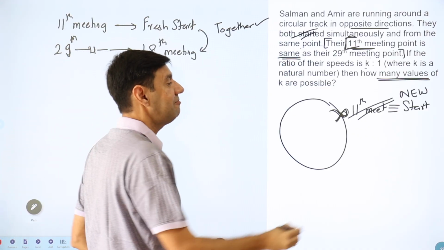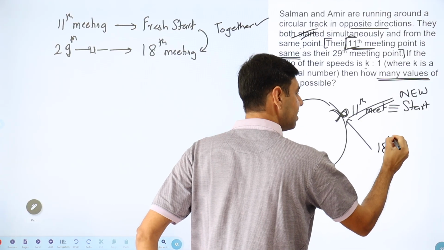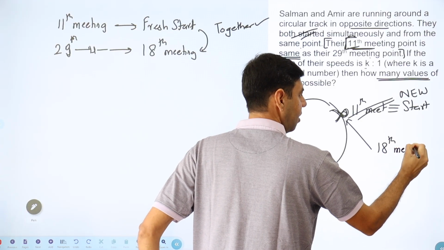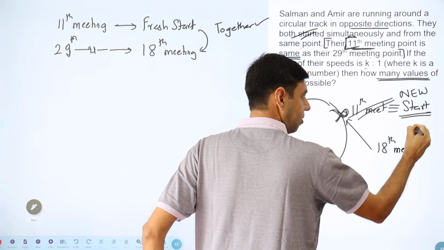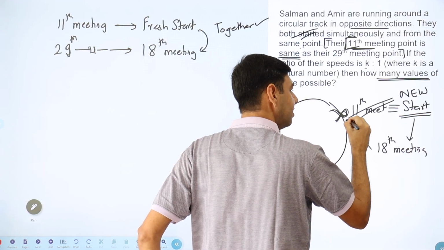And the data given here is just that the 18th meeting also happens at this point. From now onwards, from here to the 18th meeting, it happens at that same point.